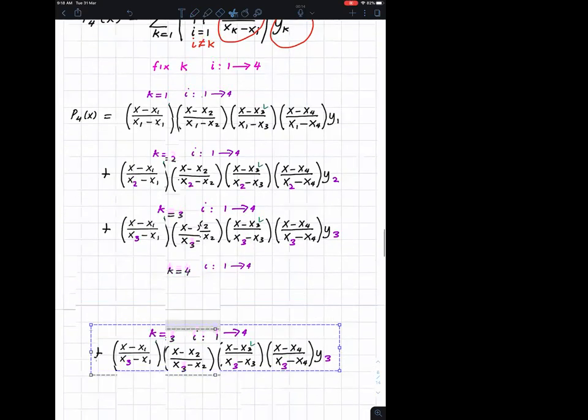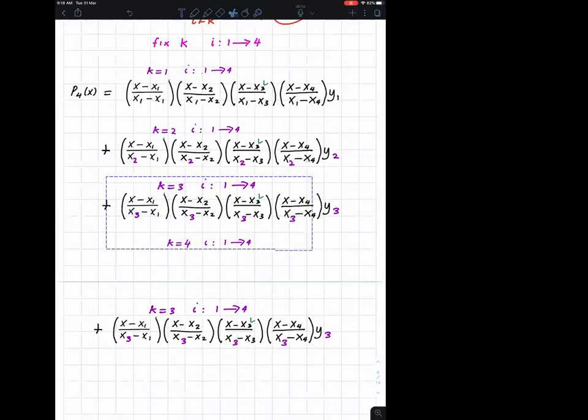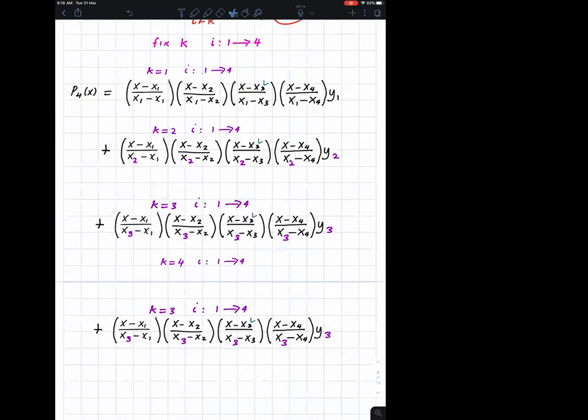Maybe there's not enough space, so I move it to the next page. I don't want to keep this too close, otherwise you guys have problem seeing it. It will become too small.